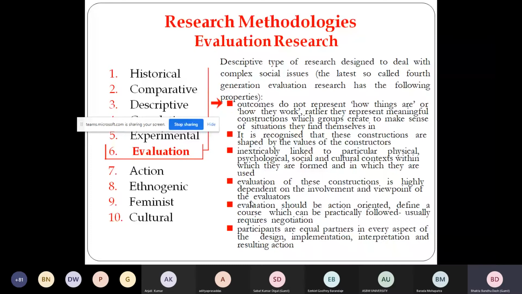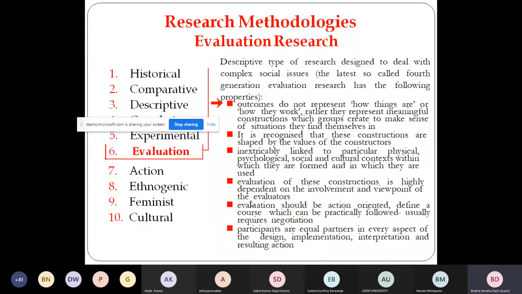So intrinsically, it links to the physical, psychological and social context exclusively. So in whatever research you are undertaking in your social science, it is more evaluative and more constructive in nature.